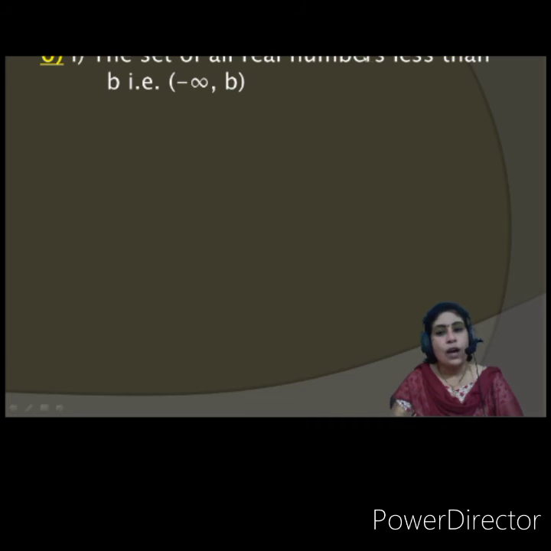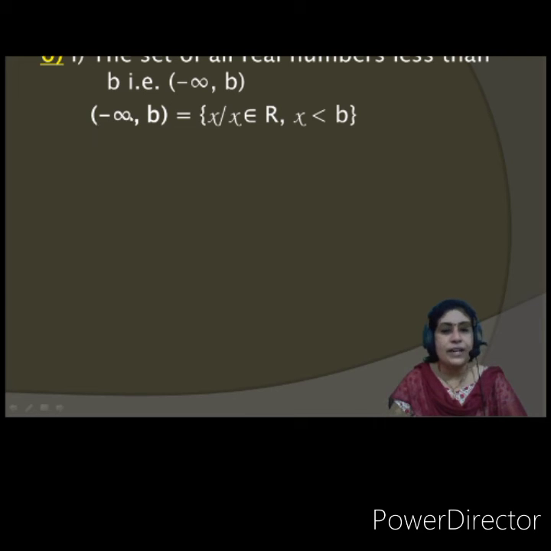The set of all real numbers less than B. To understand, it means negative numbers less than B. So open infinity we can't, and it is less than B, so this is kept in an open bracket.